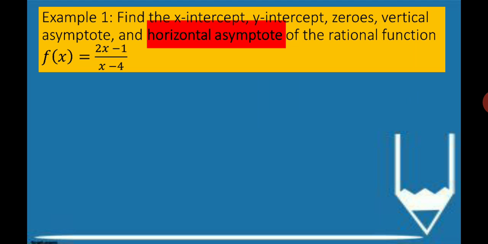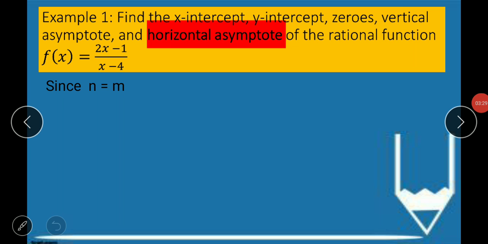Okay, so how do we find again the horizontal asymptote? First, correct, identify the degree. What is the degree of the numerator? That is 1. Very good. How about the denominator?